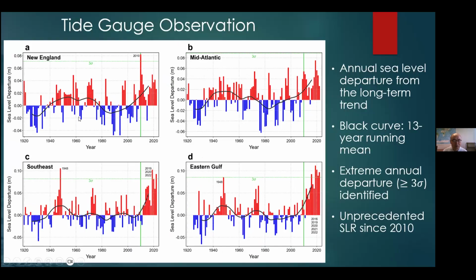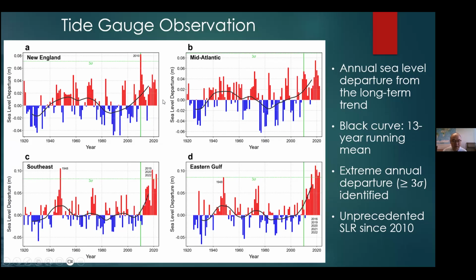Okay, so this plot shows the deviation of the annual sea level from the long-term trend. And the black curve is the 13-year running mean of the departure. So you can see the year-to-year interannual sea level fluctuation, as well as the decadal to multi-decadal sea level variability on this coast. The sea level rise during the past decade since 2010 is unprecedented.